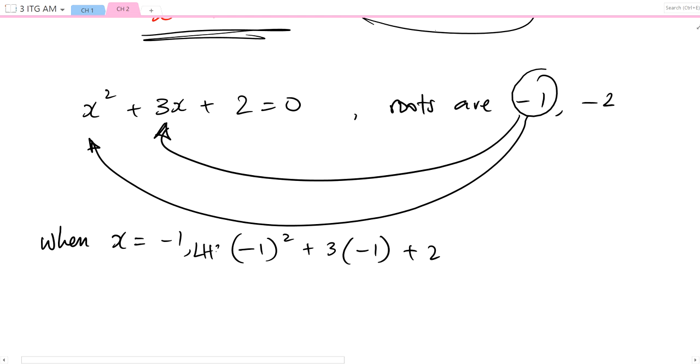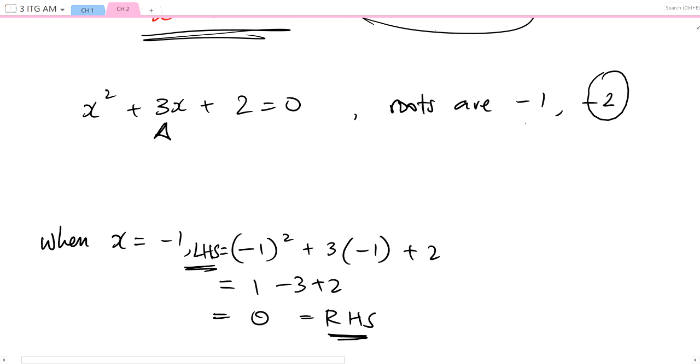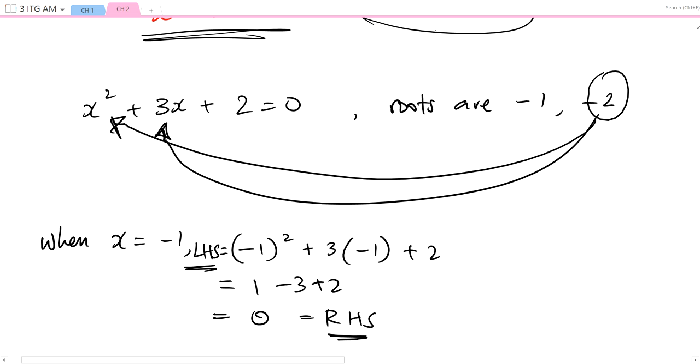This is my left hand side, which is 1 minus 3 plus 2 equals to 0 equals to right hand side. Right? So when I substitute the roots into the original equation, the left hand side will be equal to the right hand side and it works. The equation works. When I substitute negative 2 inside the equation, it will again still work. You can find it out yourself.